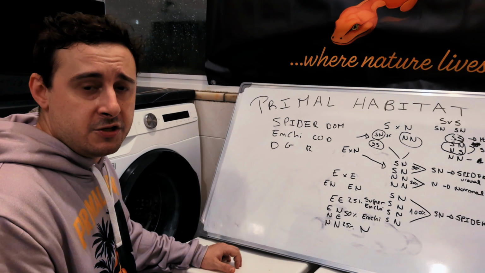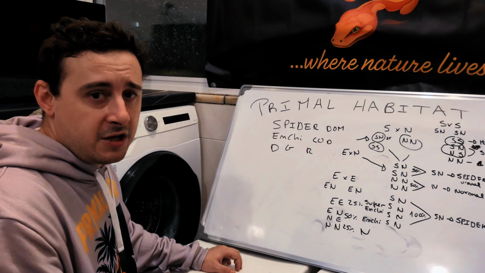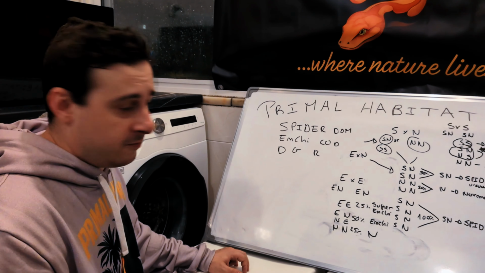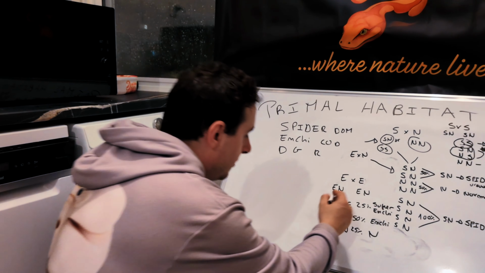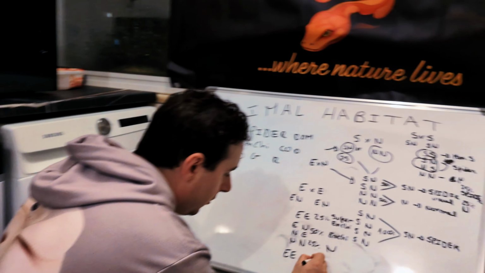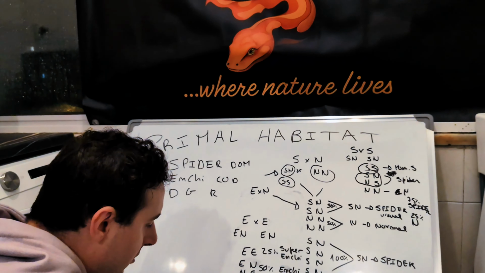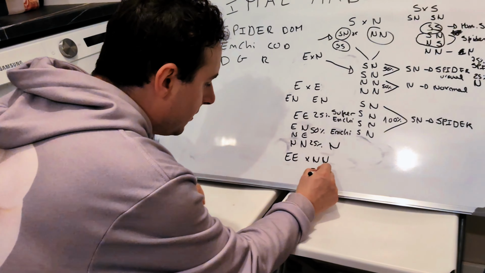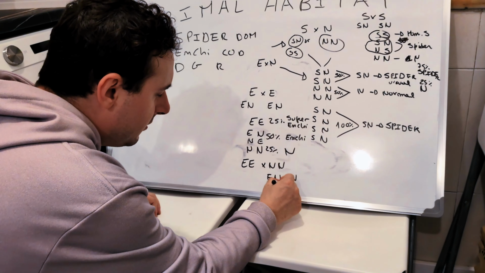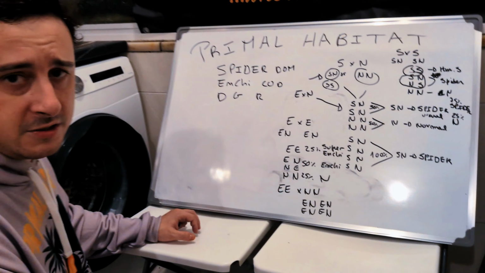So a super enchi will produce every time an enchi, if you bring together a super enchi with a normal. Why? Because if you have here E, E to normal, in every case you will have E, N, E, N, E, N, E, N, which means enchi.